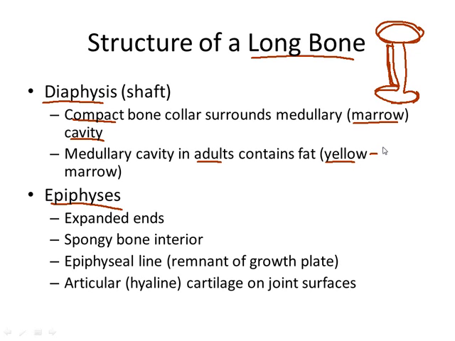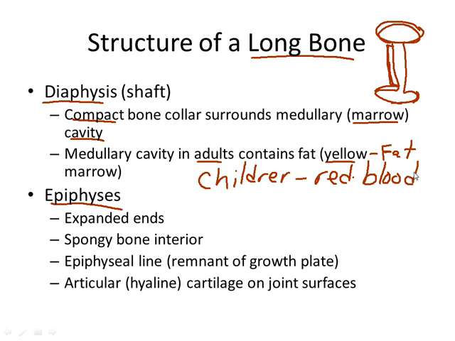It's basically for energy storage. It's fat. In children, you have red marrow. And what do you think it's for? Making what? Blood. It's hematopoietic. It makes blood.